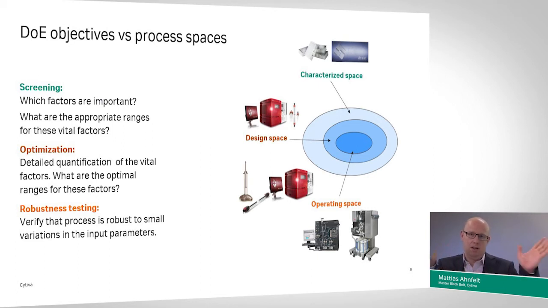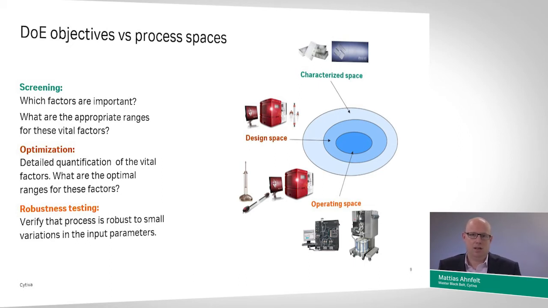So think of it like a funnel with many possible parameters in the screening, and we then screen away the non-critical ones to really identify the most important parameters for this particular unit operation, and those we study in detail using optimization DoE.